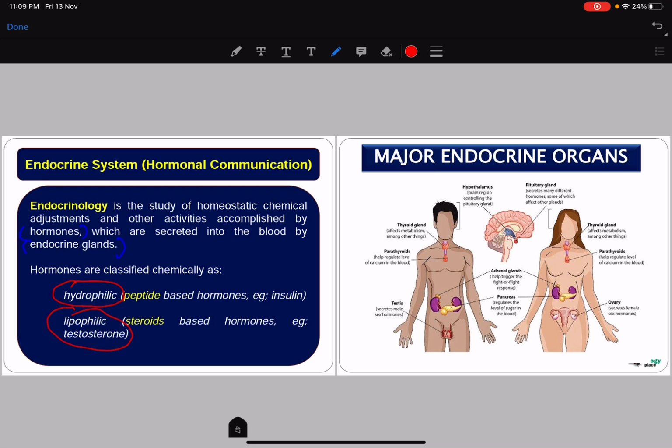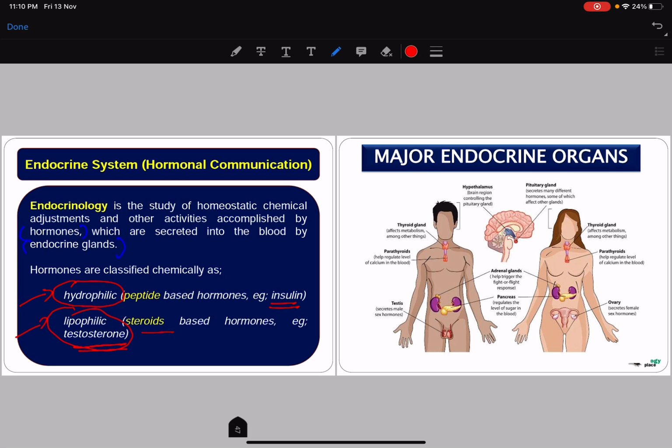Hormones can be classified into these two. For example, peptide-based hormones, insulin is a peptide-based hormone, and so insulin is a hydrophilic hormone. For steroid, hydrophobic, testosterone is an example of a hydrophobic hormone.